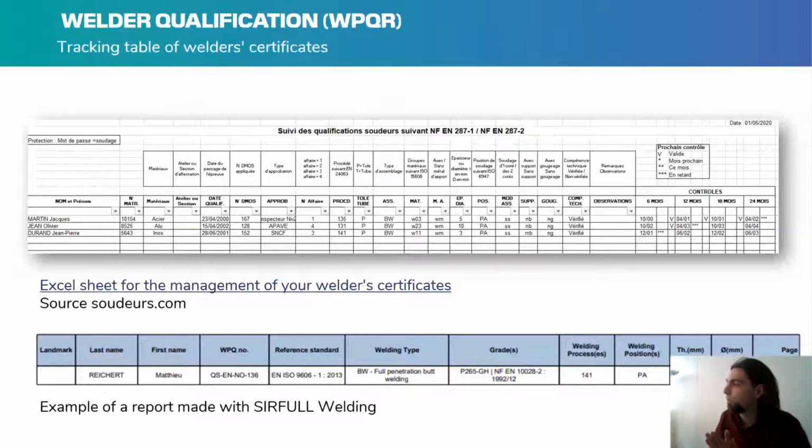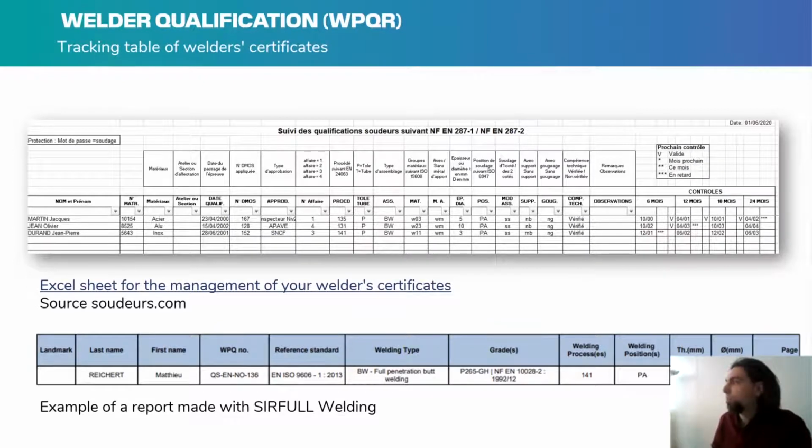So this one is a bit more tricky. This is the welder qualification report, and in order to make a very precise welder qualification tracking table or report, you have to know precisely the end of validation of the PQR, all the history of renewal of the WPQR.